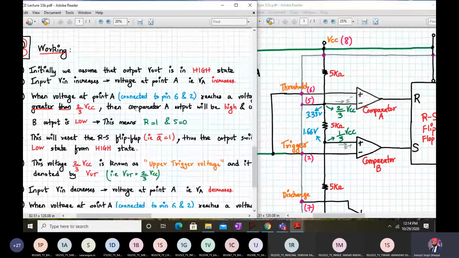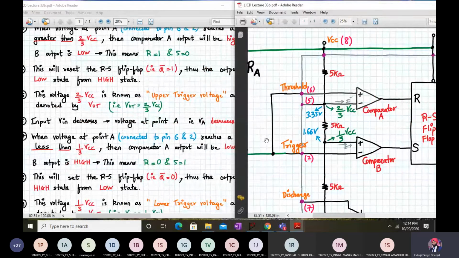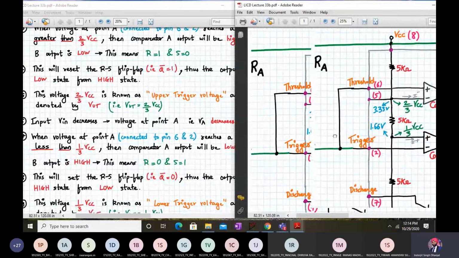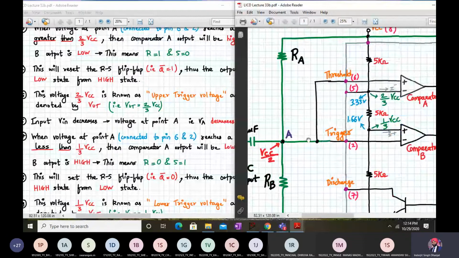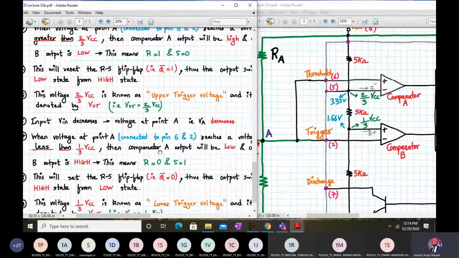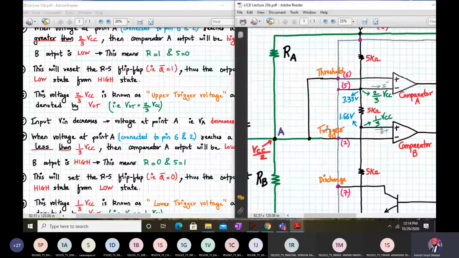Similarly, if my Vin decreases, if Vin decreases from 2.5 to 0.5, the voltage at point number A decreases. So let's say it's decreasing and can go right to less than 1/3 VCC. 1/3 VCC is 1.66.